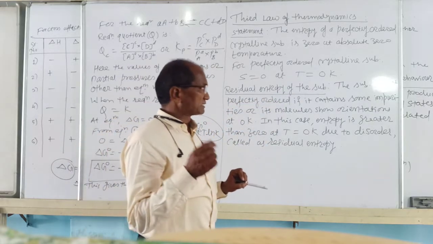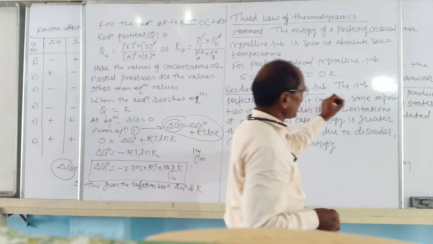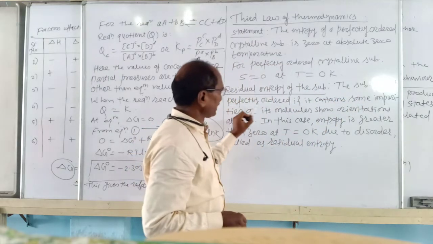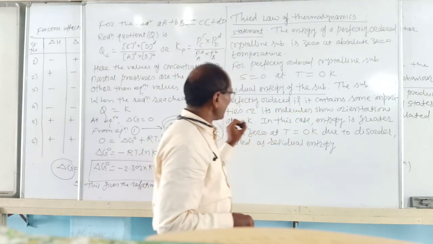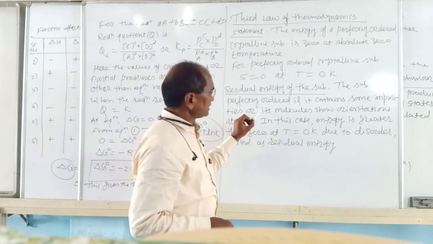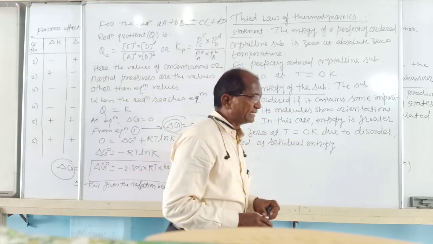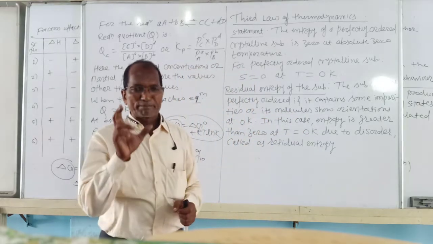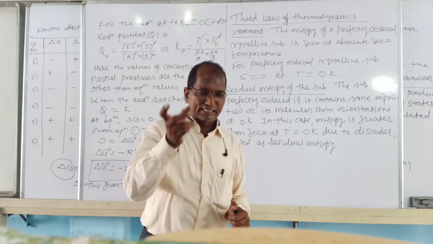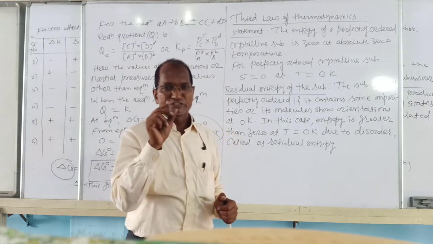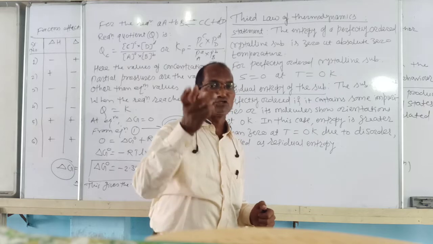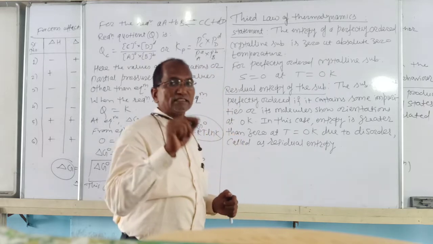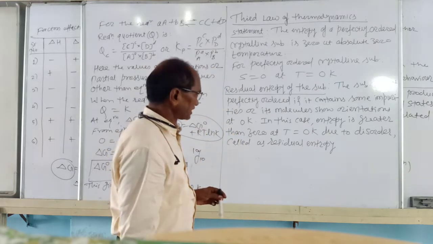Residual entropy of the substance is not perfectly ordered if it contains some impurities or its molecules show orientation. In perfectly ordered crystalline substances, if it contains impurities, the molecules are free to move. Therefore, its entropy is not 0 at absolute 0 temperature.